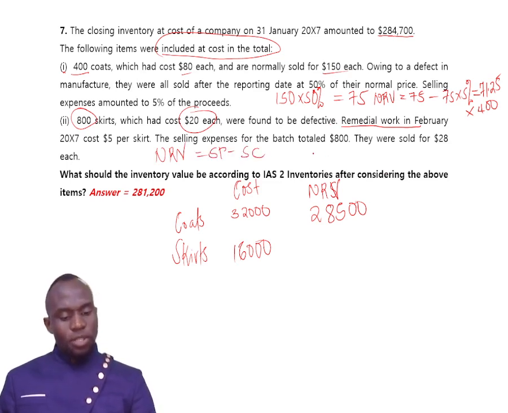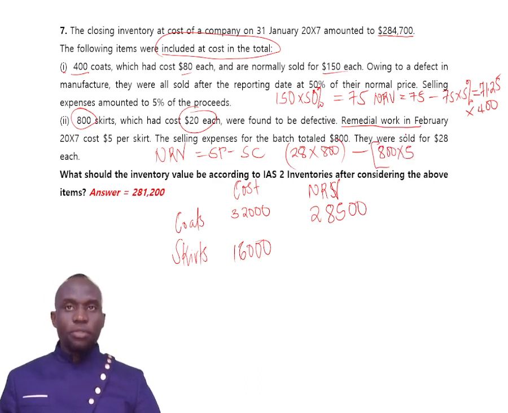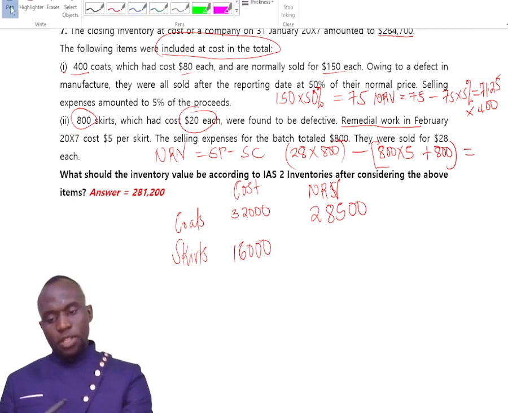So total selling price is $28 times 800 minus the costs incurred before we sell. So it is 800 times the repair cost of 5, that is the repair work, and they had to be transported, and the transport was 800. So plus the $800, and when we work this out, we get $17,600.